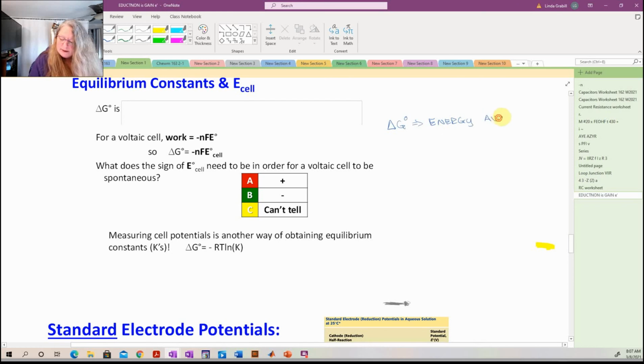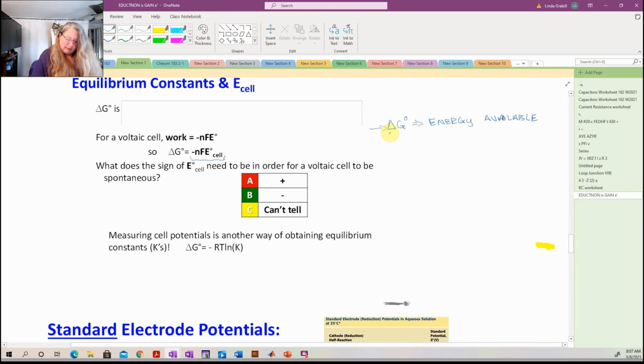Let's just think about that. From the other slide, we saw that we can define the work in terms of the force per charge, the number of charges experiencing that, and then the electric potential. So the ability to do work here is this delta G.